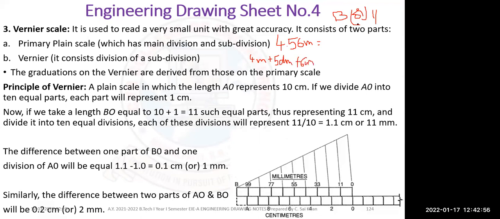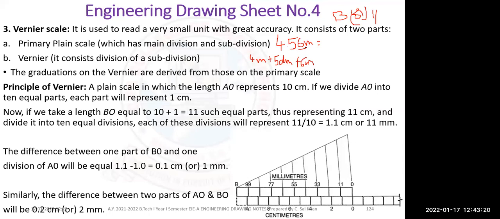But if I want to measure in terms of Vernier, I have to take this 6. Where will this 6 come in the 11th table? Can anyone tell me? See only the last digit.